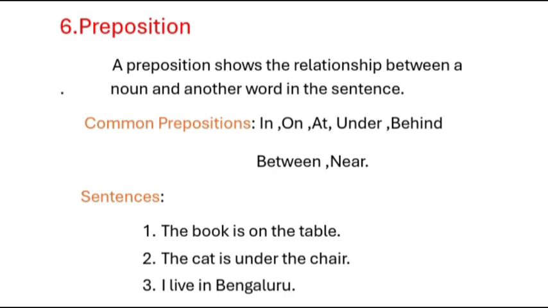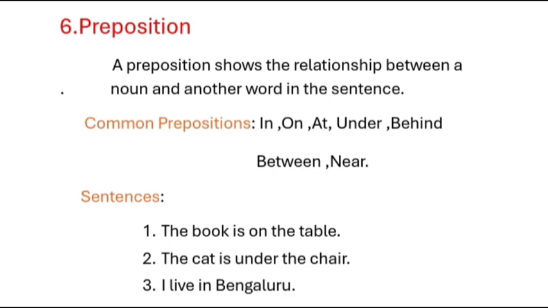Preposition: a preposition shows the relationship between a noun and another word in the sentence. A preposition is a word that shows the relationship between a noun or pronoun and another word in a sentence. In simple words, prepositions tell us where, when, or how something happens.